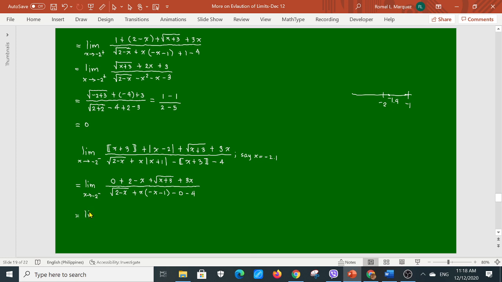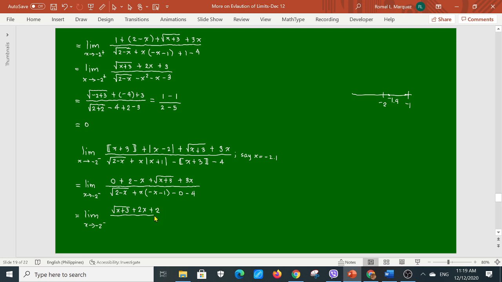So this is now going to be the limit as x approaches negative 2 from the left. So when simplified, what's the simplified form, guys? So 0, 2 minus, I think, let's start with the radical, x plus 3, and then negative x plus 3x, that is positive 2x, and then plus 2.